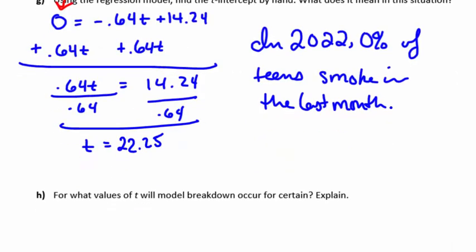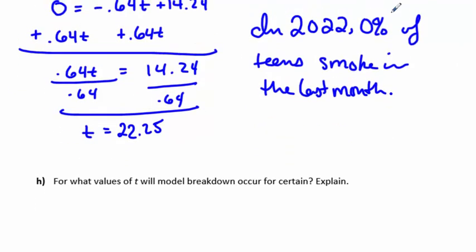For what values of t will model breakdown occur? I know that I can't have less than 0% of teens smoking, so for any value of t larger than 22, since 22 caused a 0%, we're going to have model breakdown. A value of 23, for example, would give us a negative prediction.